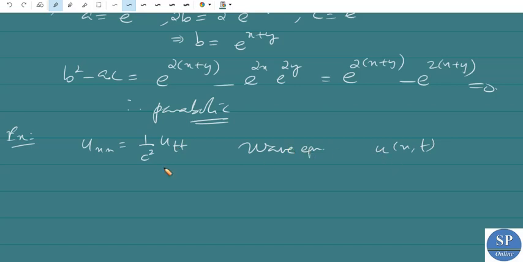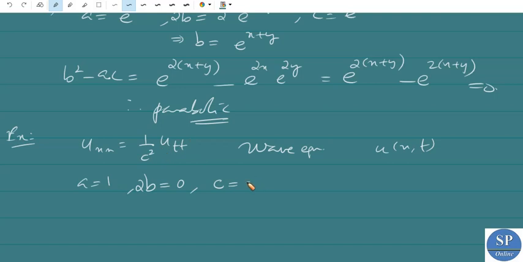So a equal to the coefficient of uxx, that is 1, 2b equal to the coefficient of uxt, that is 0, and c equal to the coefficient of utt, that is minus 1 by c square.